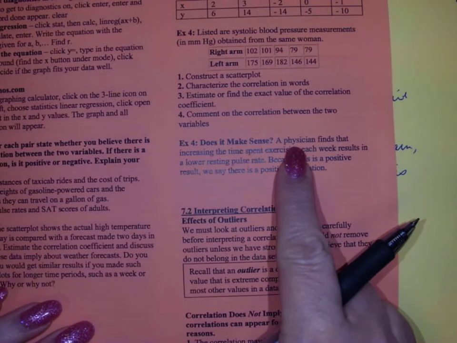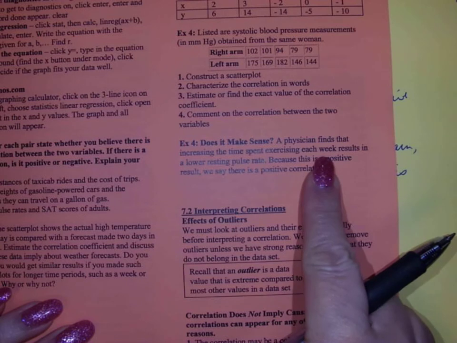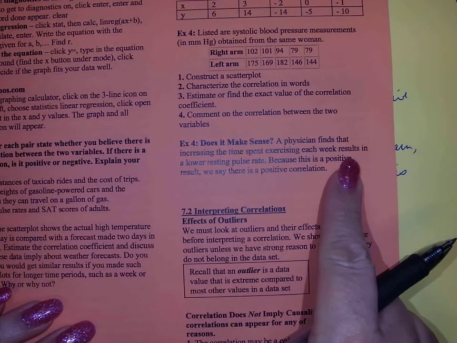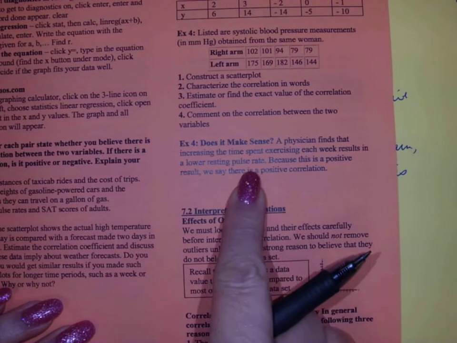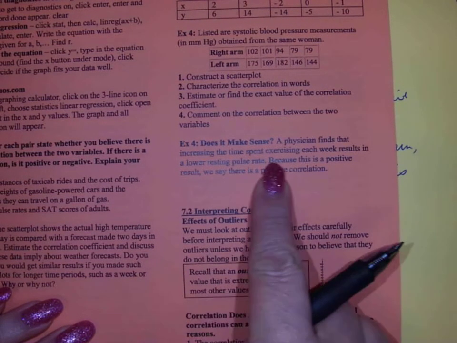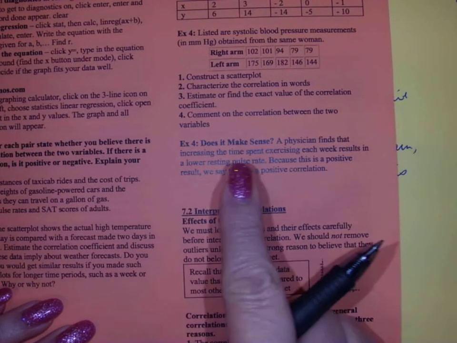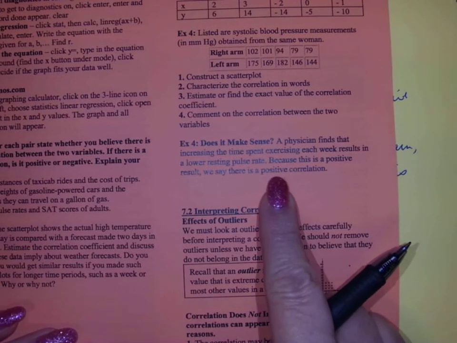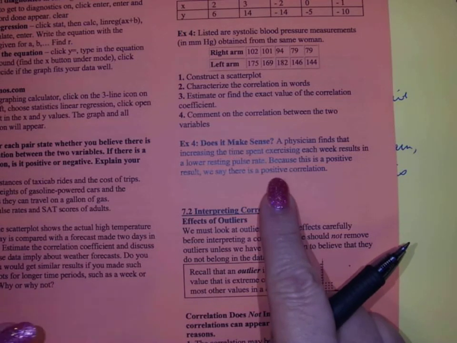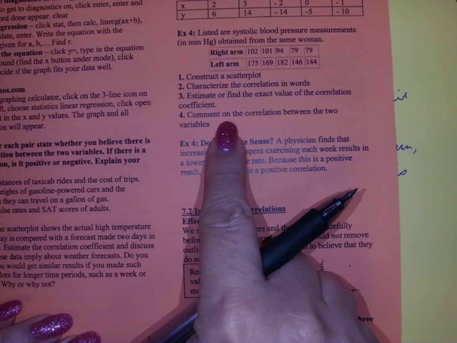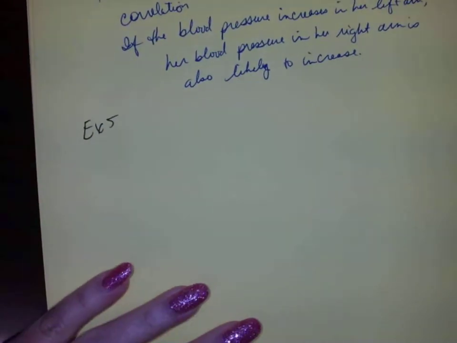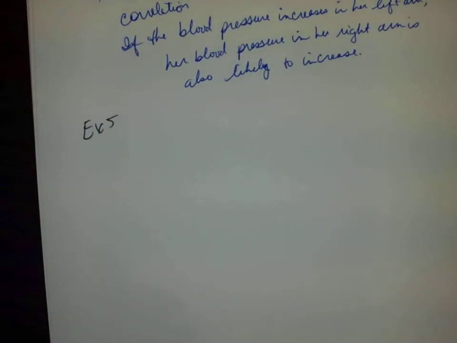And they're stating here that increasing the time spent exercising each week results in a lower resting pulse rate. Well, that would be good, right? Because it's a positive result does not mean it's a positive correlation. That's the key right there. And actually in this case, it would be a negative correlation because the increase in the exercise decreases the pulse rate. So let's write that out in words, right?